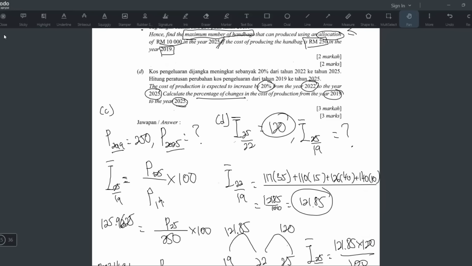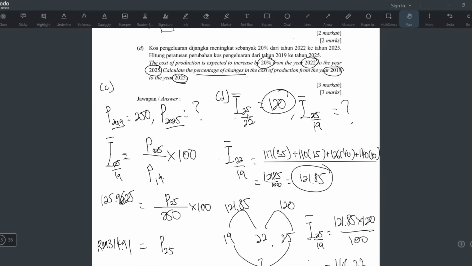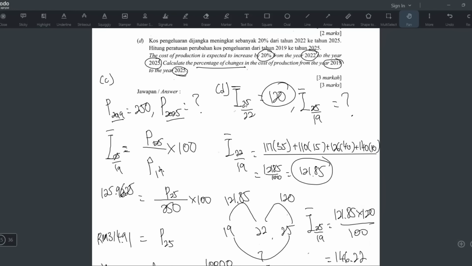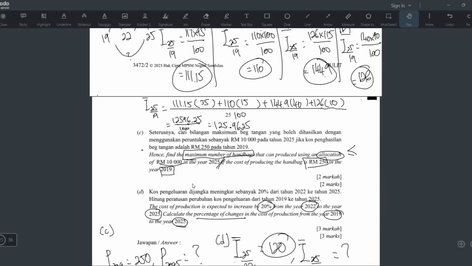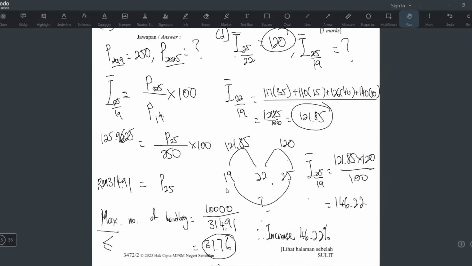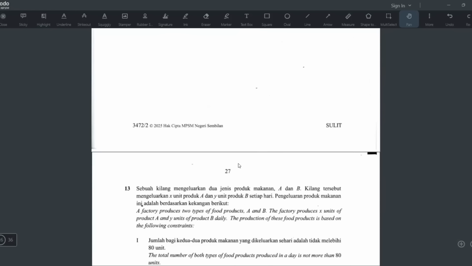Surely they wouldn't just give a random figure by themselves, so they must want us to use it. So if they want us to use the info for 25, 22, that means we have to find 22, 19 and then do the smiley face, find our own answer for the composite index for 25, 19 and then write the percentage change. Okay, I'll just leave it at that. Hope you understand and I'll continue.